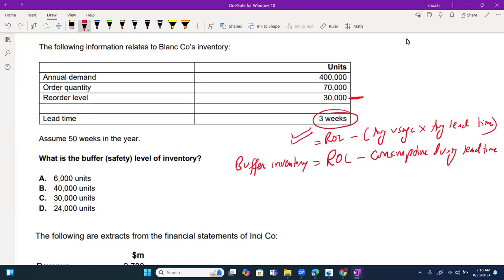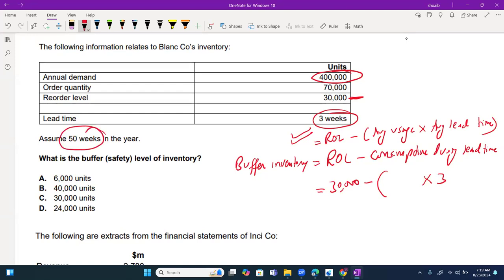So let's identify: reorder level is 30,000, minus consumption during lead time. What is the lead time? 3 weeks. Now identify the consumption per week. Annual consumption we know, and 50 weeks we know.